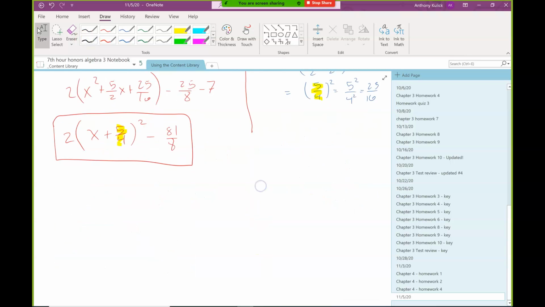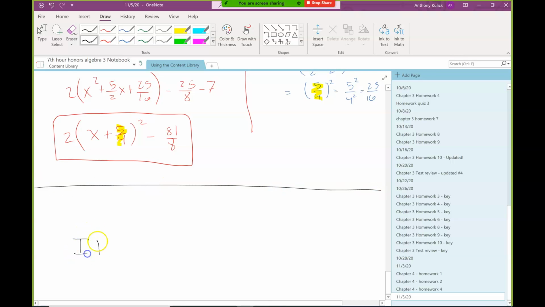Okay. So at this point, we now have a complete map on how to do this, right?